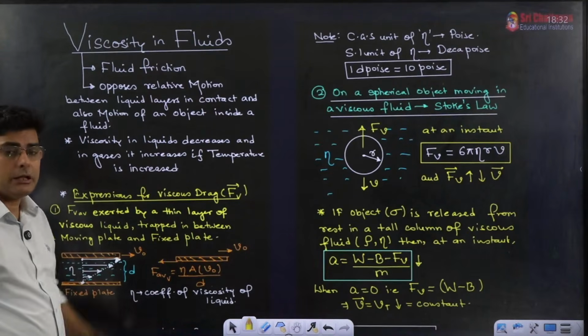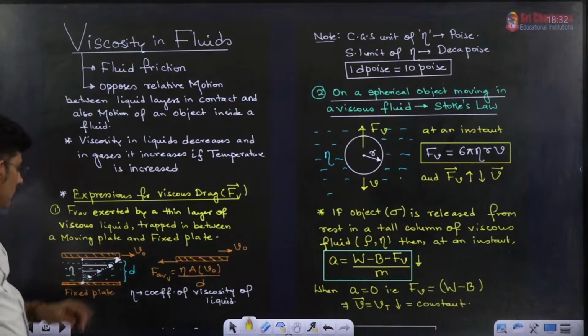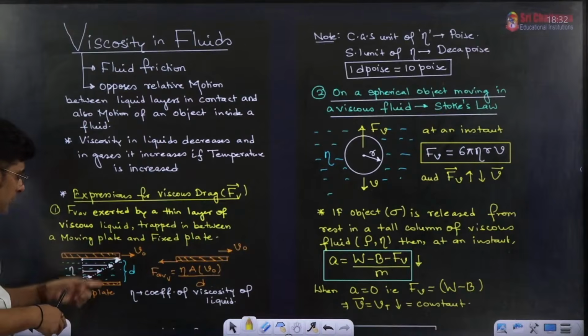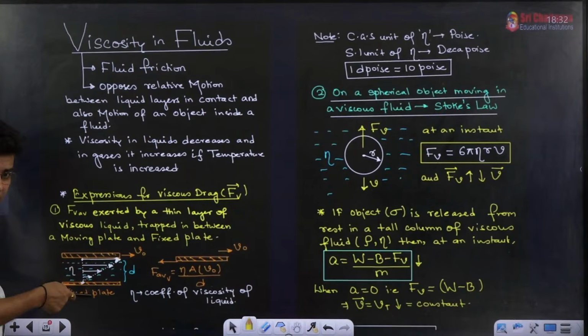Now, there are two expressions for viscous drag or viscous force. One is if a thin layer of viscous liquid is trapped between two plates, one a moving plate, one a fixed plate. The area of each plate is A, and the liquid layer can be taken as a thin layer whose thickness I have taken as D. For the coefficient of viscosity we define a term eta.